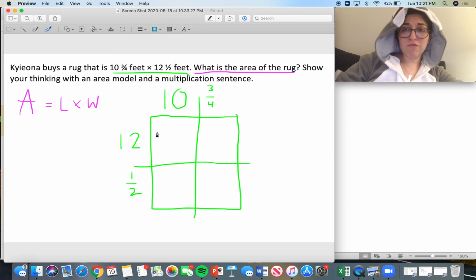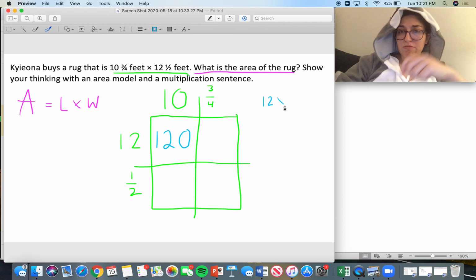10 times 12, or 10 groups of 12, is 120. We can remember Emerlin's rule of putting that 0 at the end. 12 times 3/4 would be 3/4 plus 3/4 plus 3/4 plus 3/4, twelve times. In other words, I'm going to multiply these two.